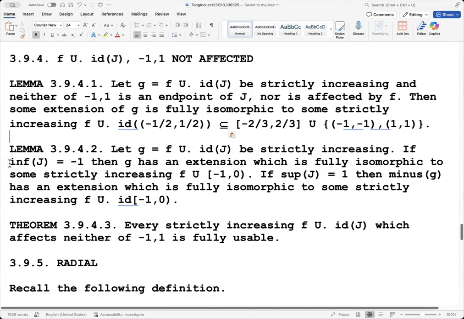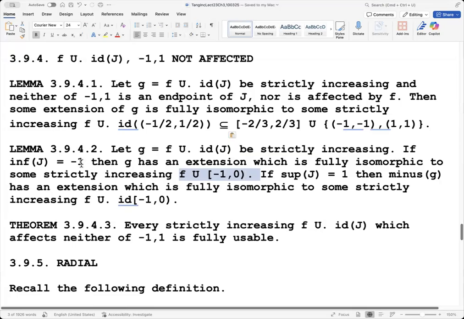So what about this case, when the inf is minus one? Then we can get an extension which is fully isomorphic to some strictly increasing f. Actually, we have to be a little careful.